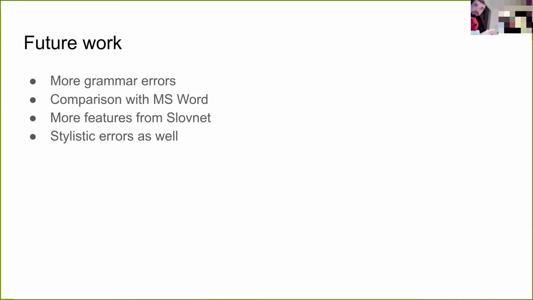And my personal wish is to continue with stylistic errors as well. This is a highly subjective thing. You may have a Grammarly for grammar, you may not have a Grammarly for style, because style is different for different authors and different genres.